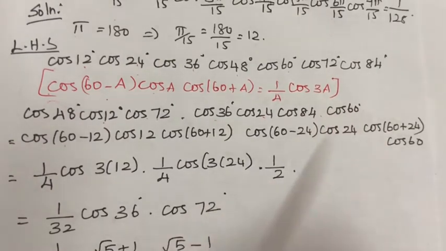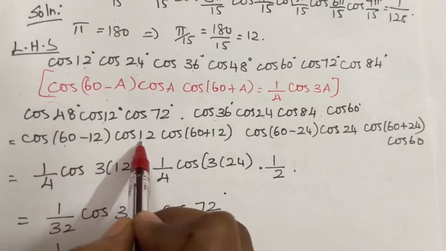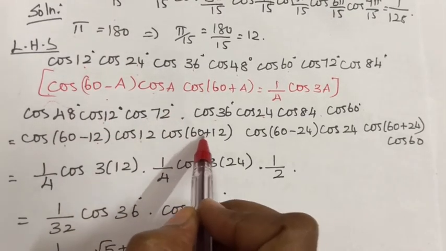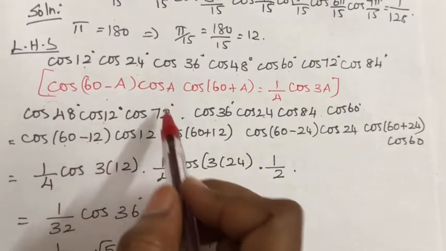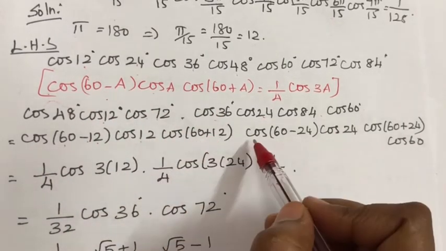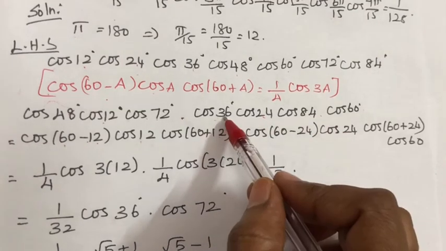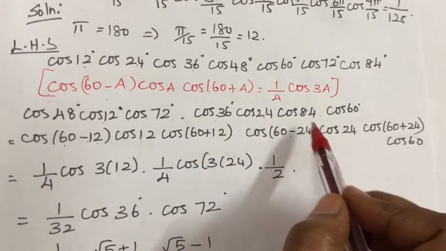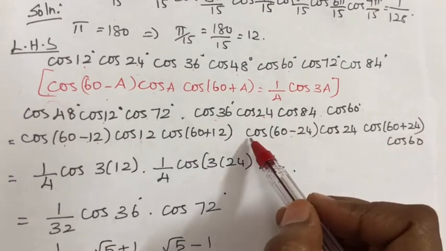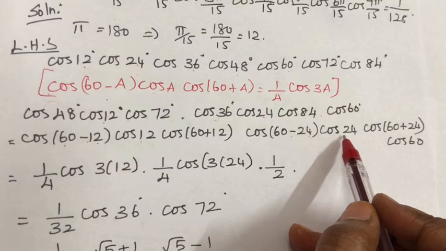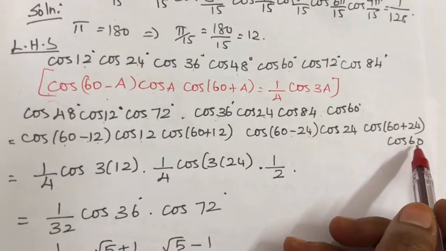So I write 48 as 60 minus 12, again cos 12, 72 as 60 plus 12, in the format. Similarly cos 24, here 24 as a. So I write 36 as 60 minus 24 and 84 as 60 plus 24. So cos(60 minus 24), cos 24, cos(60 plus 24) into cos 60.